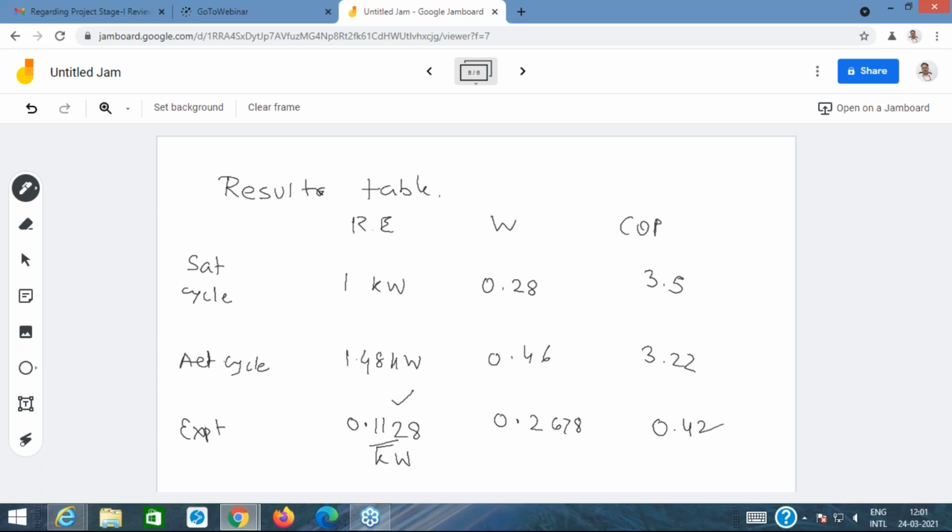That is not how experimentation is done. In real-life experimentation, we need to be very rigorous about the calibration of the equipment and about the set of readings that we take, and then use some statistical tools to arrive at the average refrigerating effect, average power consumption, and the average COP.